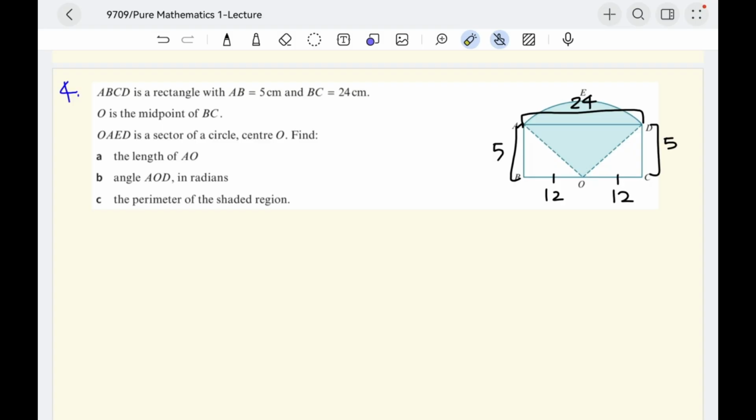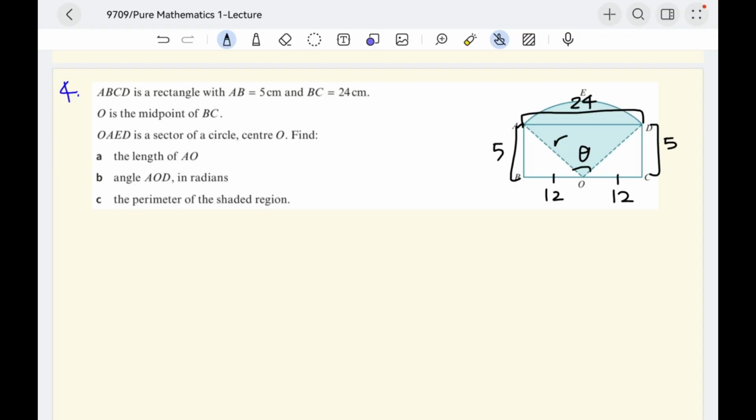So for part A, find the length of AO. As you can see in the sector, AO and OD are both radii. Their radii are equal, the radius is constant. So let's label AO as r, and the angle as theta.